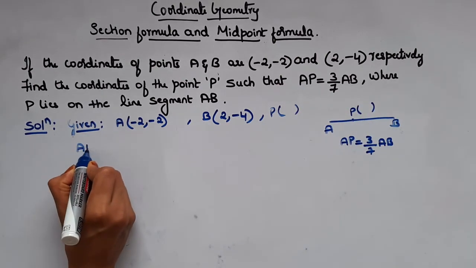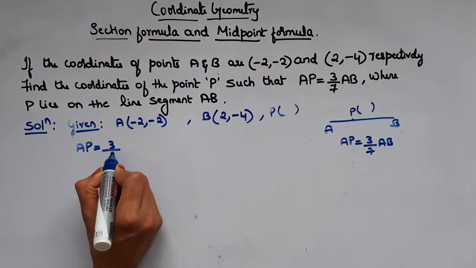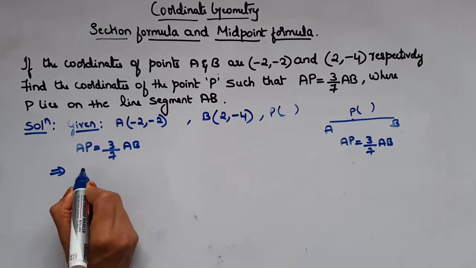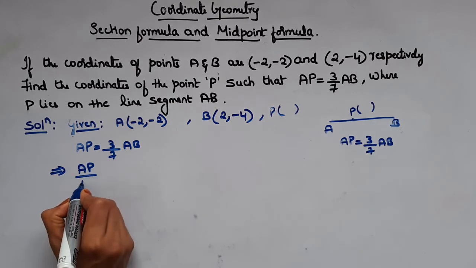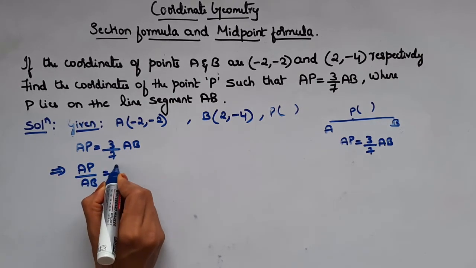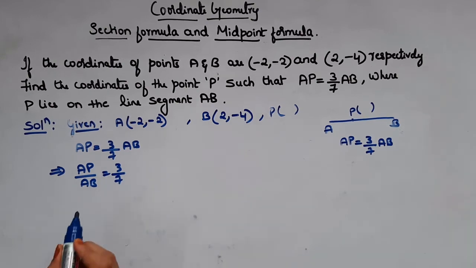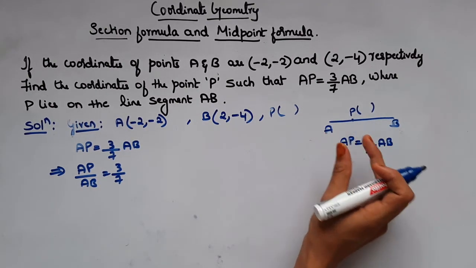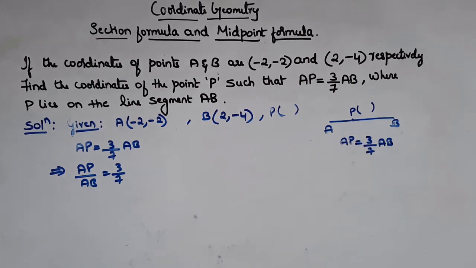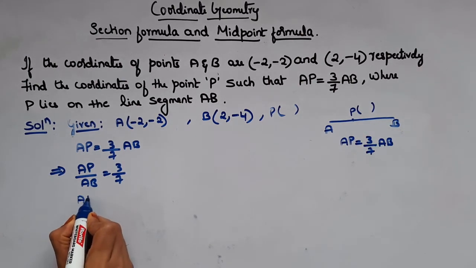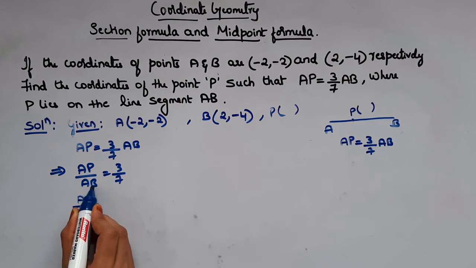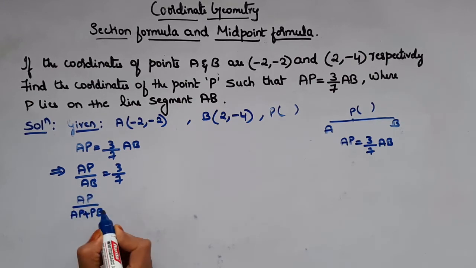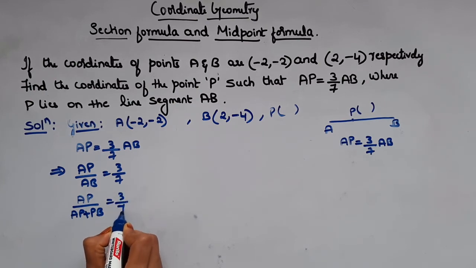We have AP is equal to 3/7 into AB, which implies AP/AB is equal to 3/7. Now AB can be written as AP plus PB. So AP/(AP + PB) is equal to 3/7.